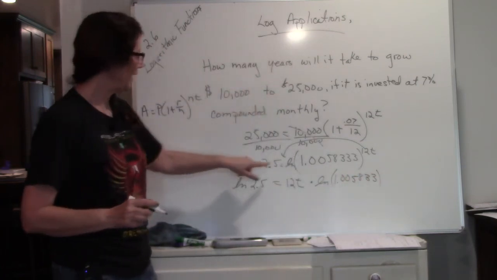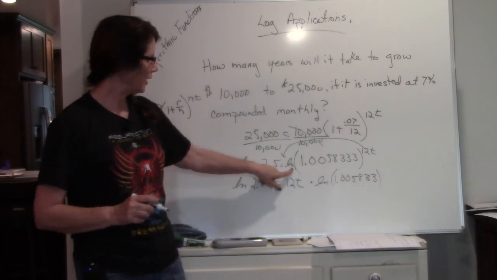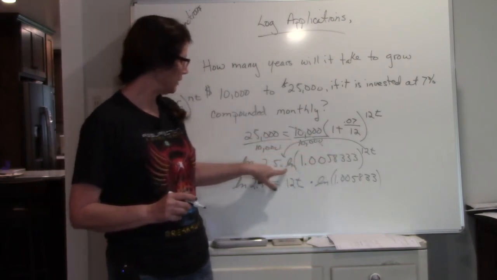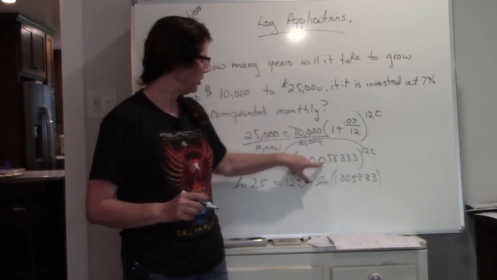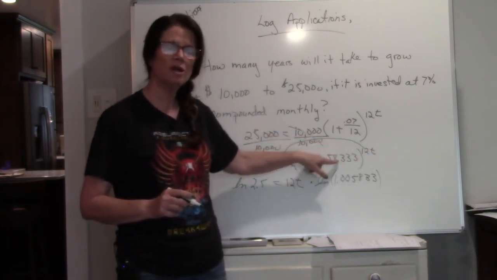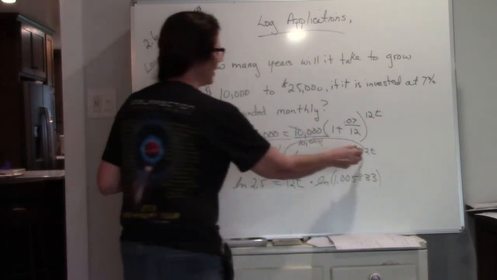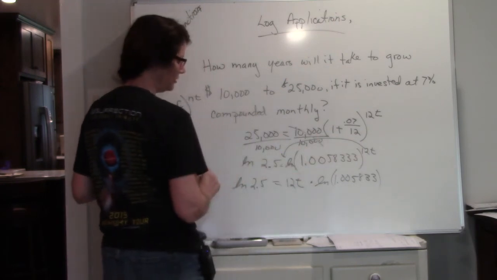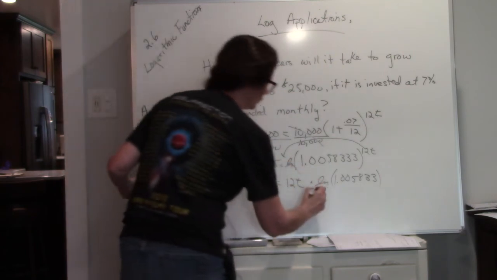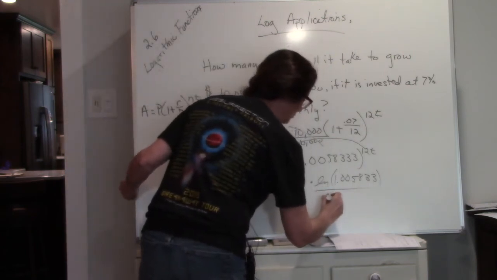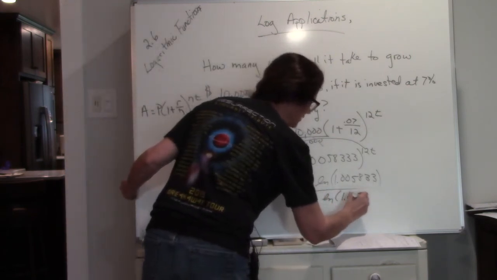Okay, so when I ln, because now I changed this to an exponent, I have an exponent on an exponent, and when you have an exponent on an exponent, you multiply. So I drop that exponent to the front and multiply. So now the goal is to get t by itself. So first step, I'm going to divide both sides by ln 1.005833.